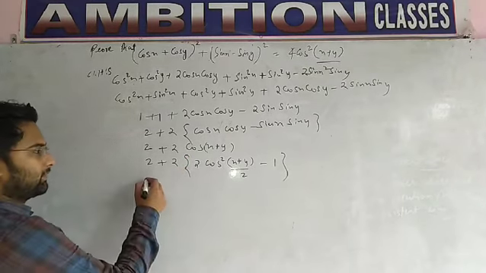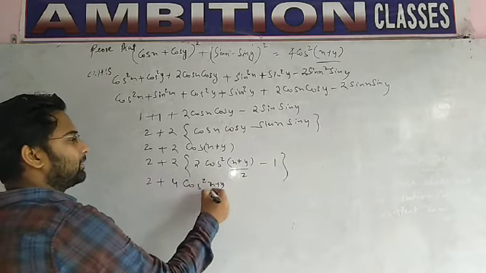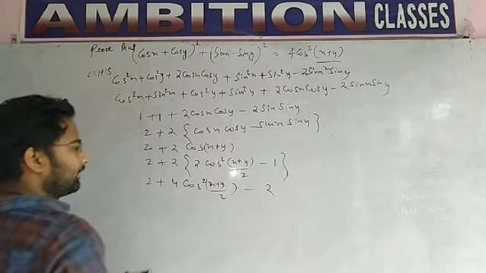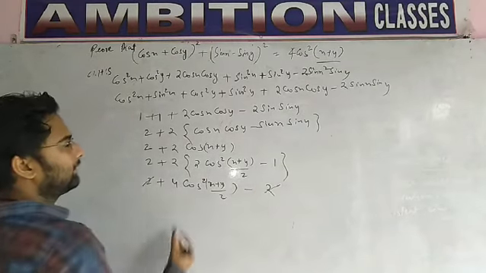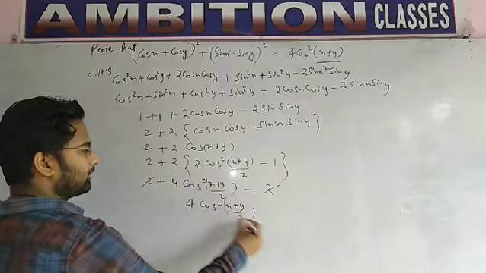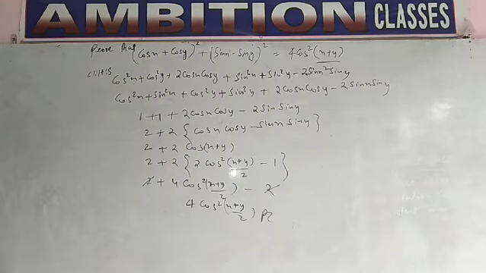So let's solve this question. 2 plus 2, it will be 4 cos square x plus y upon 2 minus 2. Students, here 2 will cancel out. We will get 4 cos square x plus y by 2. Proved. Okay students, please take a screenshot.